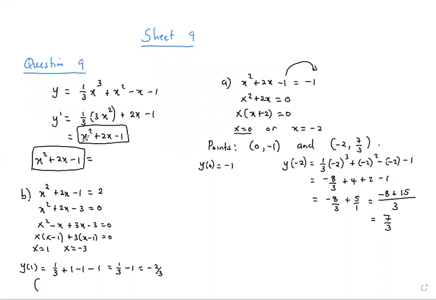Okay. So we have a point 1 comma negative 2 over 3, and the other one you're substituting negative 3 in the original equation.